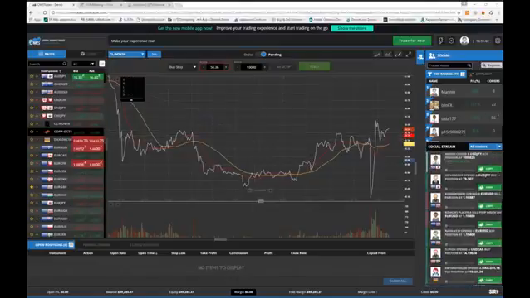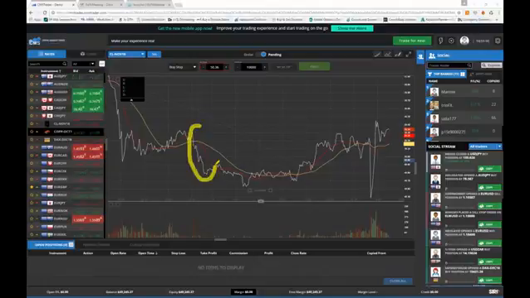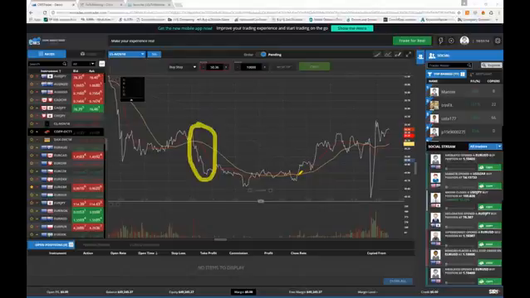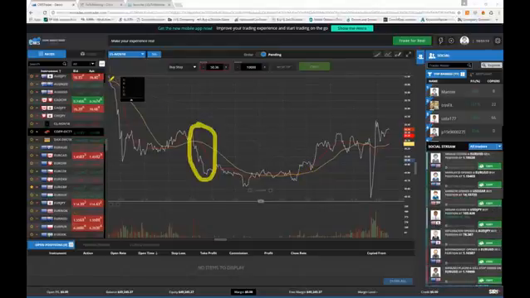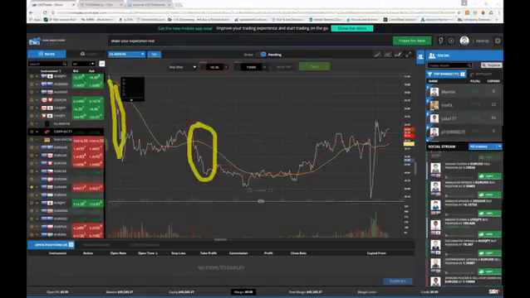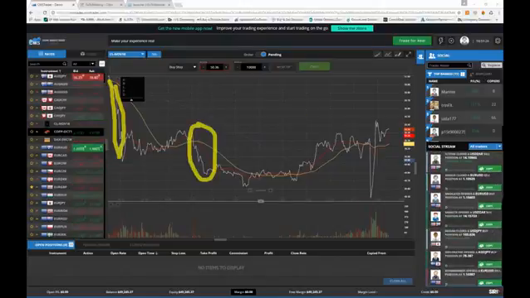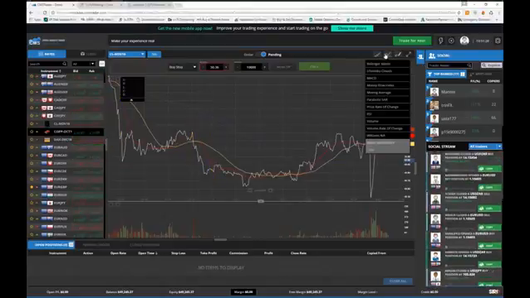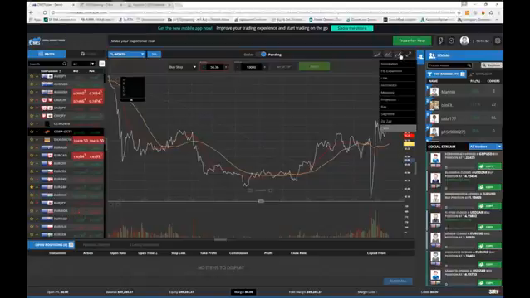So for example, you can clearly see it's a downtrend without too many candles going up and down. Or here again, another downtrend. So you have these different options in this platform. The indicators are all here, and you've got some more indicators here.